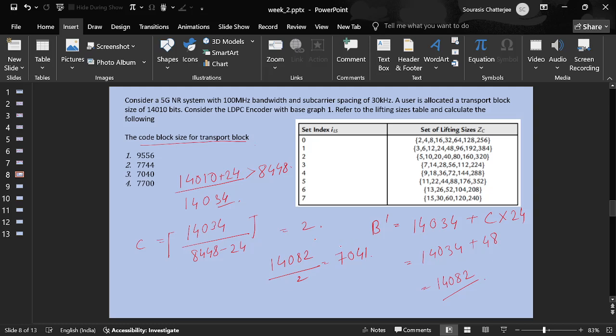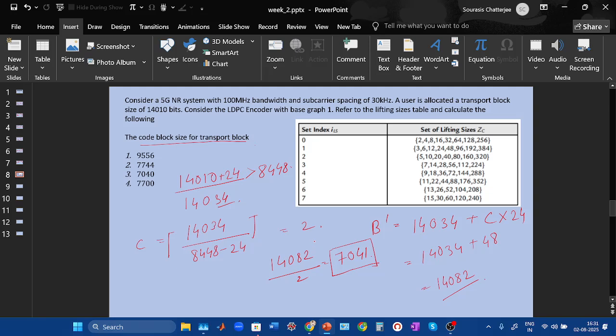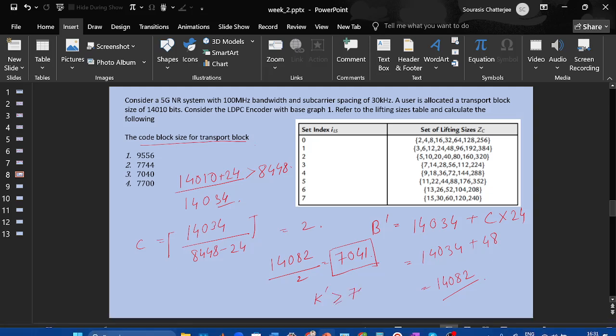Is that the code block size I am going to feed to the LDPC encoder, or is some pre-processing required? The smallest number greater than 7041 based on this upper table. So I am supposed to have K dash greater than 7041, fine.